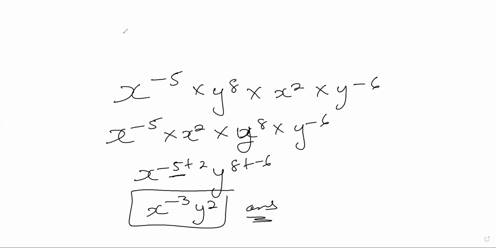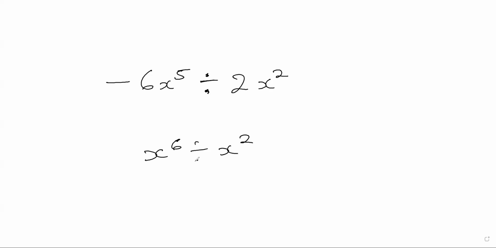All right, we'll try some division now. When we're dividing, we divide the numbers normally. But for the index or the power, let me show you something first. Let's say we have x to the 6 divided by x to the 2, right? It literally means you have x multiplied by itself 6 times.